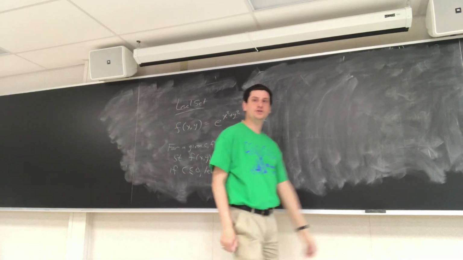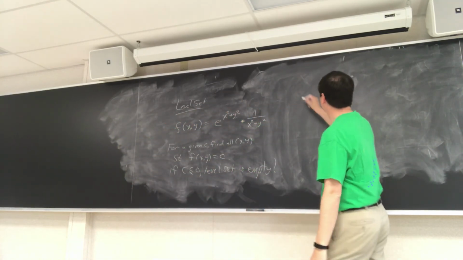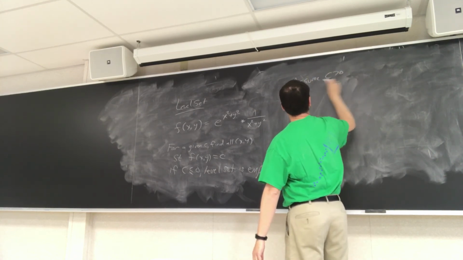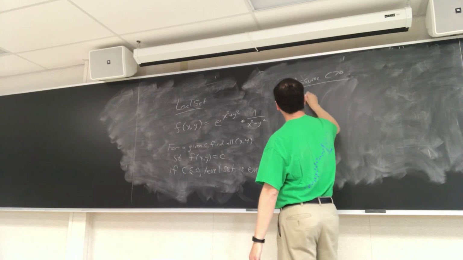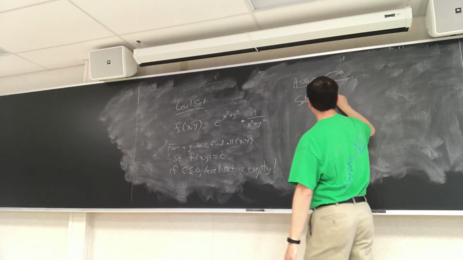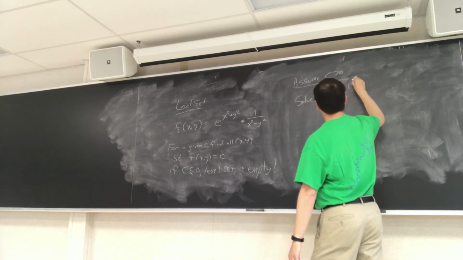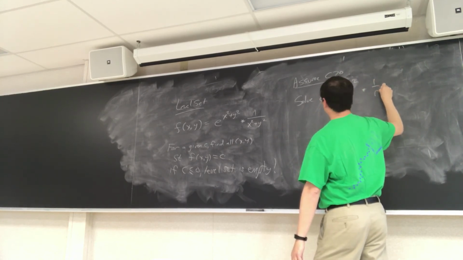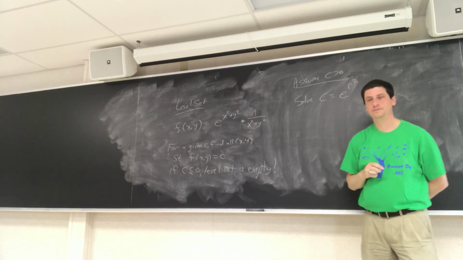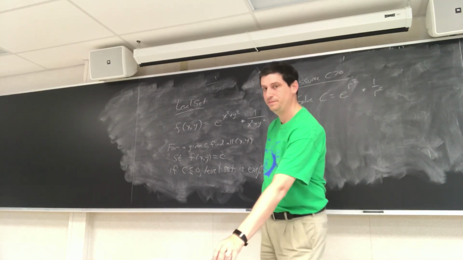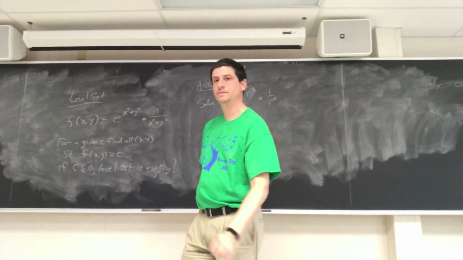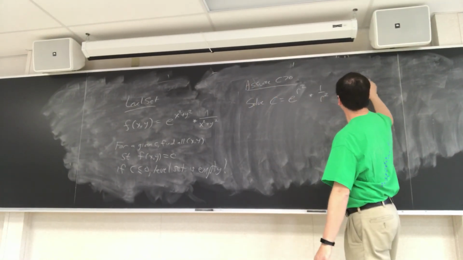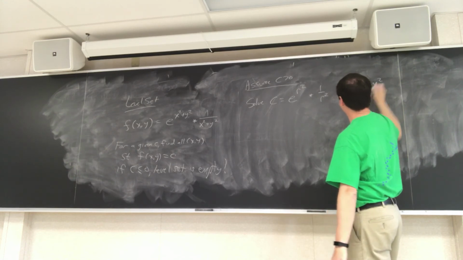All right, well, let's try to solve then maybe for C positive. So assume C is greater than 0. So you want to solve e to the r squared times 1 over r squared, where r squared is x squared plus y squared.